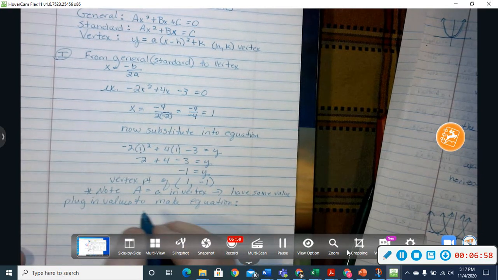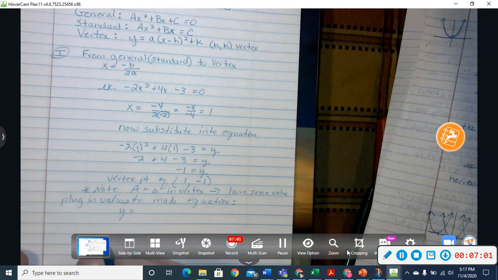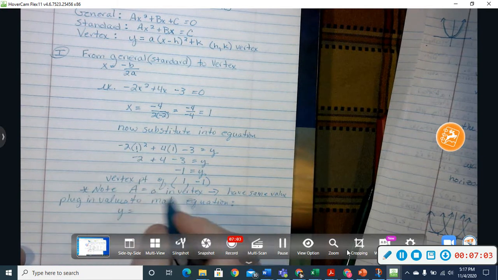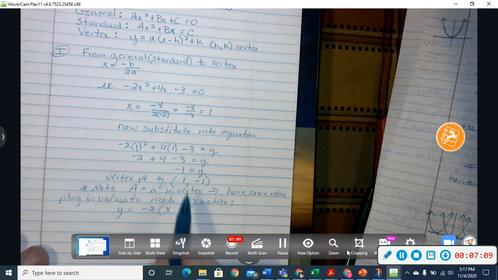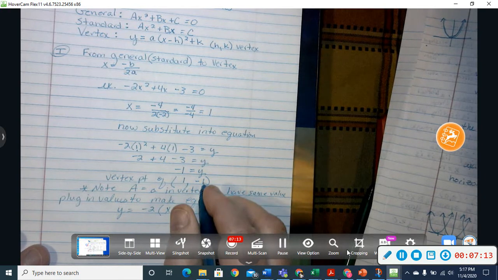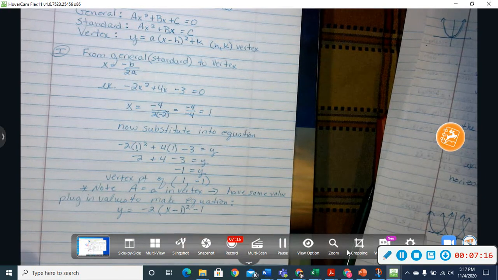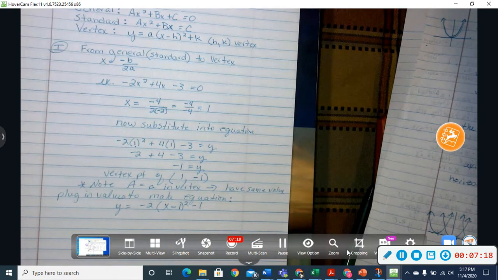We get y equals, and the a value was negative 2, times x minus 1 squared, and the y is minus 1. So there is our vertex equation.